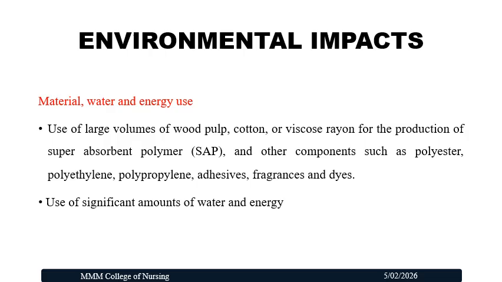Another major side effect is environmental impact. Material, water and energy use: large volumes of wood pulp, cotton, and viscose rayon are used for the production of SAP, and other components like polyester, polyethylene, polypropylene, adhesives, fragrances and dyes also use significant amounts of water and energy.